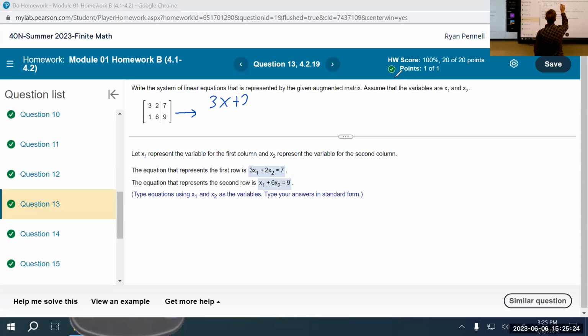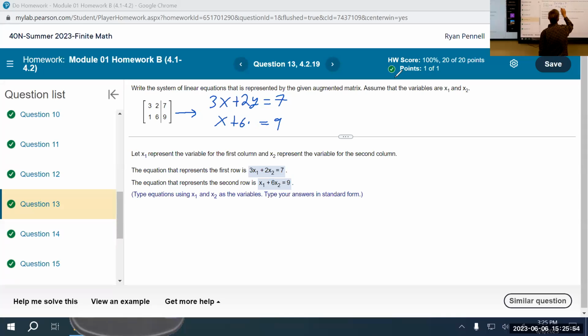And this means you have 3x plus 2y equals 7. It's just an equation, just like we've been dealing with before. It's just a line. And then the second equation is 1x, so just x, plus 6y equals 9. So that matrix is just lines we've been talking about.